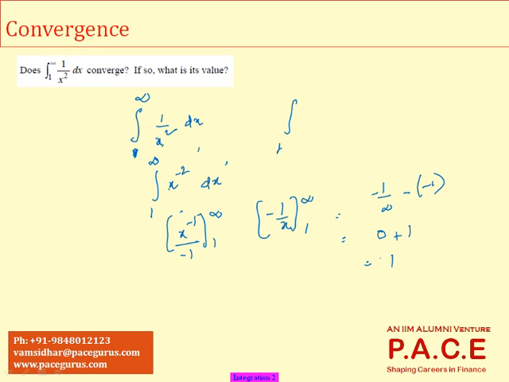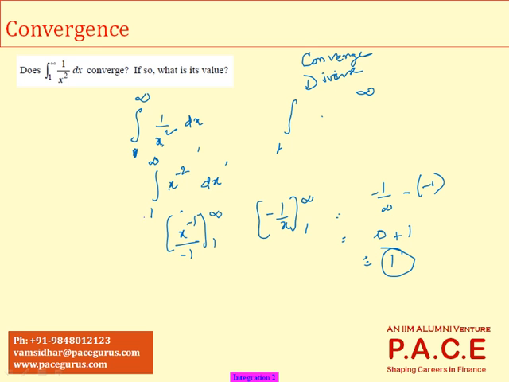So all it is saying is this particular value will converge to 1. So whenever the integral value is coming out to be a number which is not infinite or undefined, I say that the expression will converge. Otherwise, it will not converge or it will diverge.